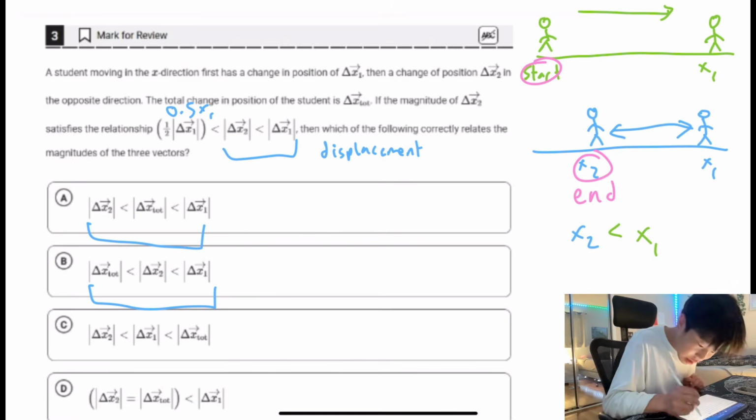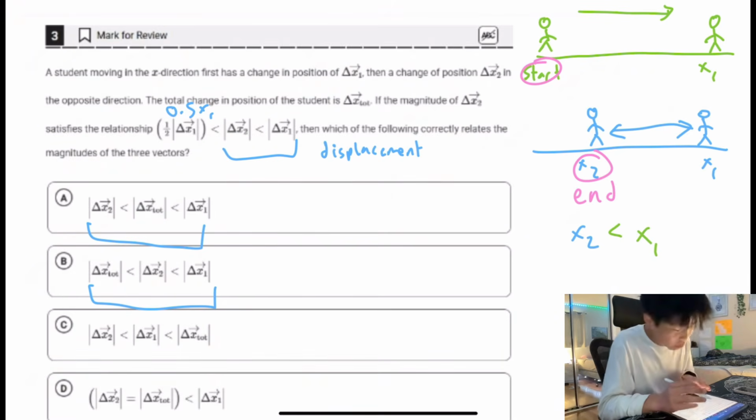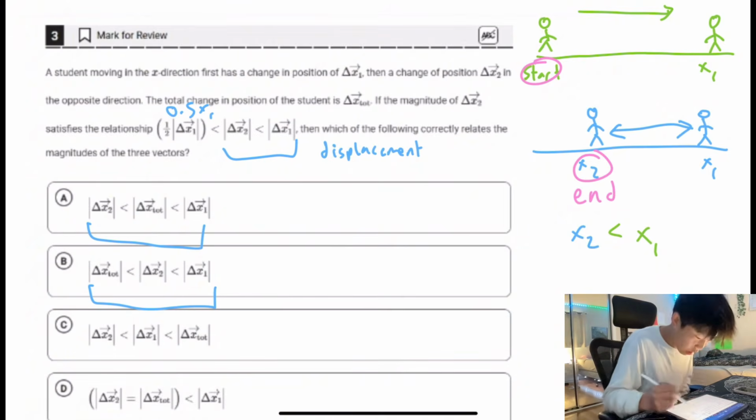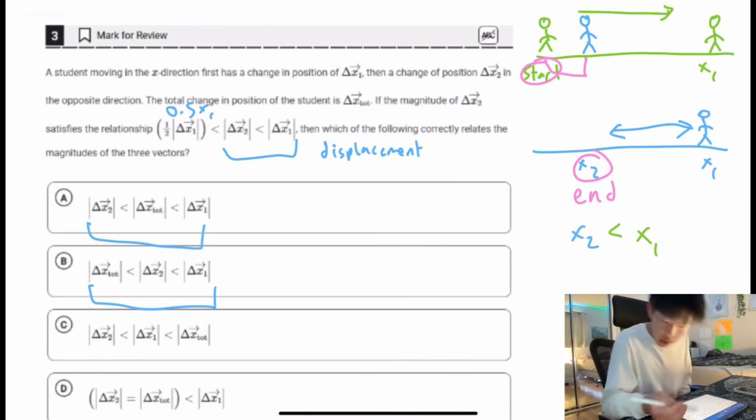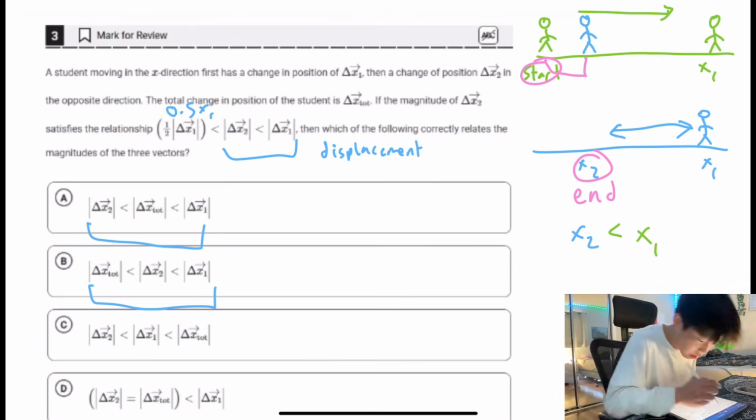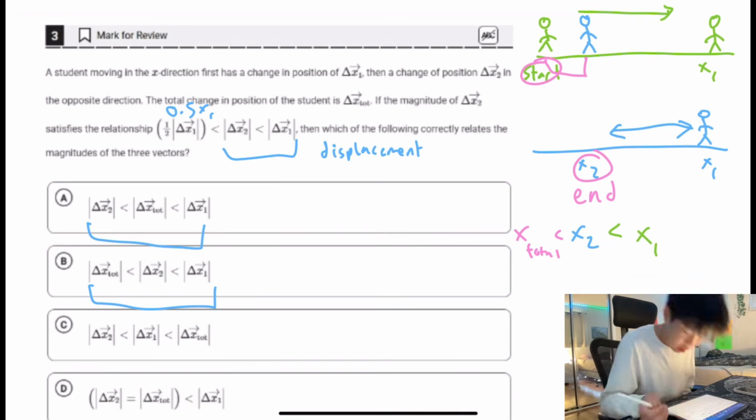And then we have x3, I'm going to call it x total, which is literally what the question's asking for. It's the displacement from the start to the end, x total. And as you can see, it is very, very small. I'm going to move the little boy up there so you can see. It's such a small distance. So that means x total is less than that, okay?